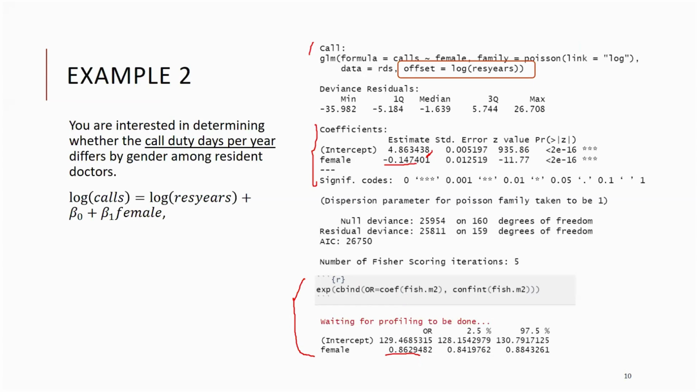Anyone has questions? Yes, go ahead with your question. This 2.5% and 97.5%, I guess is a confidence interval. That's a confidence interval, yes. But is this a 95% confidence interval? It is a 95% confidence interval, yes.